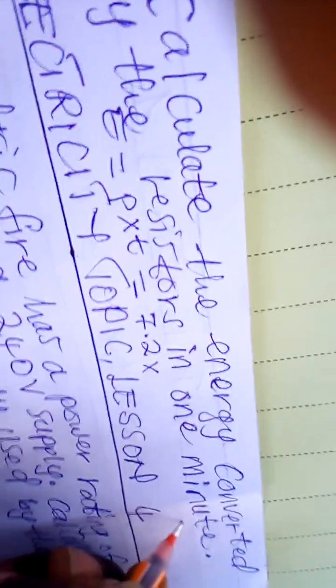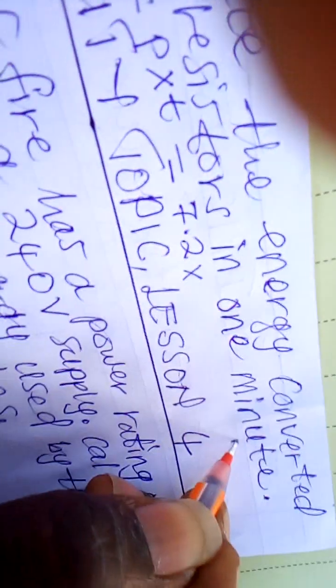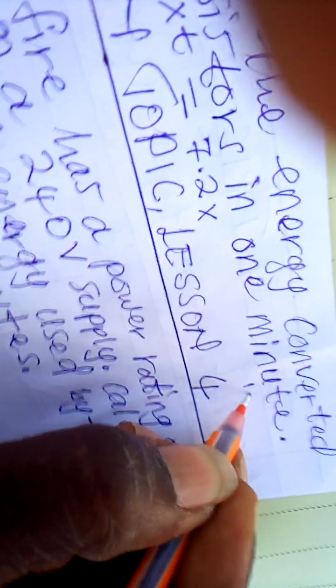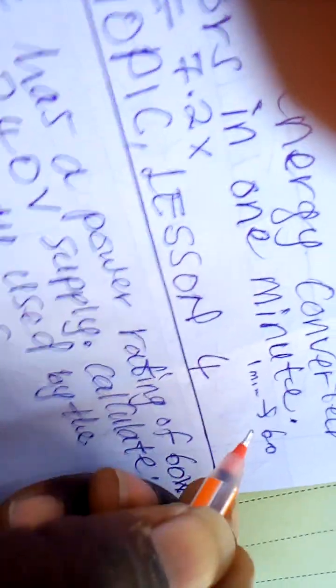We are going to convert this 1 minute to seconds: 1 minute is equal to 60 seconds. We are going to use these 60 seconds, because 1 minute is equal to 60 seconds. So I write it like this, 60 seconds.